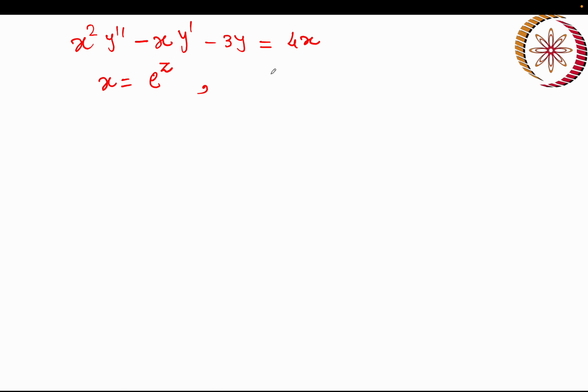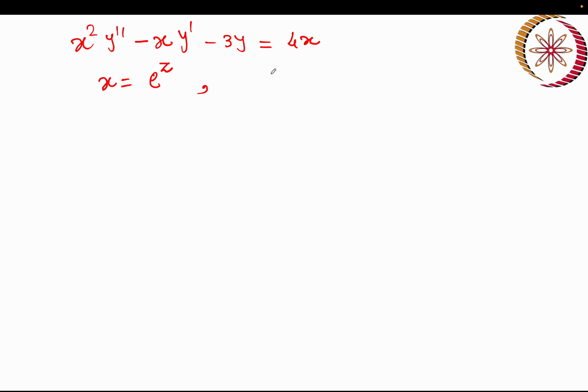Okay, so what we are doing is changing the variable, using the chain rule to simplify this. Z is equal to log of x. So this is our substitution, and we are finding out what the dy by dx will be if we use that.